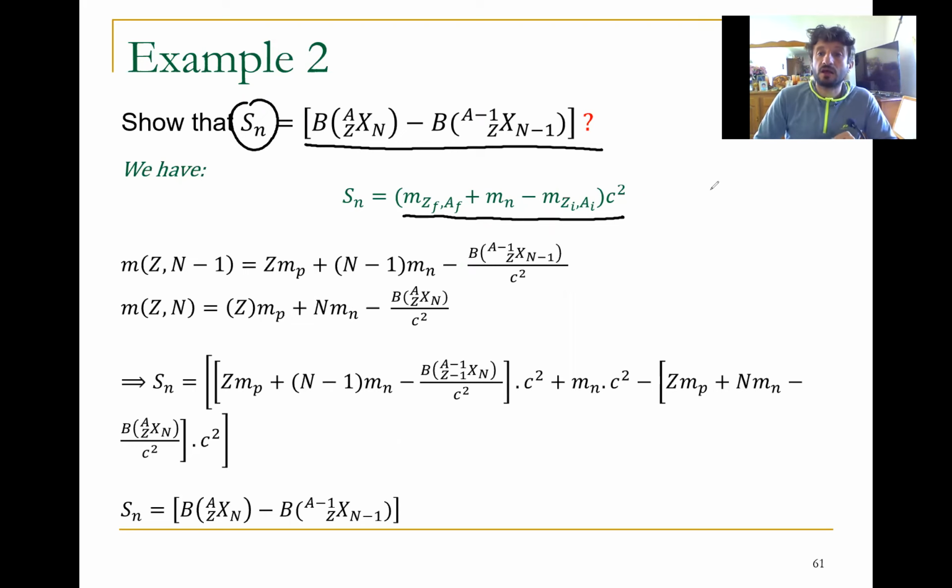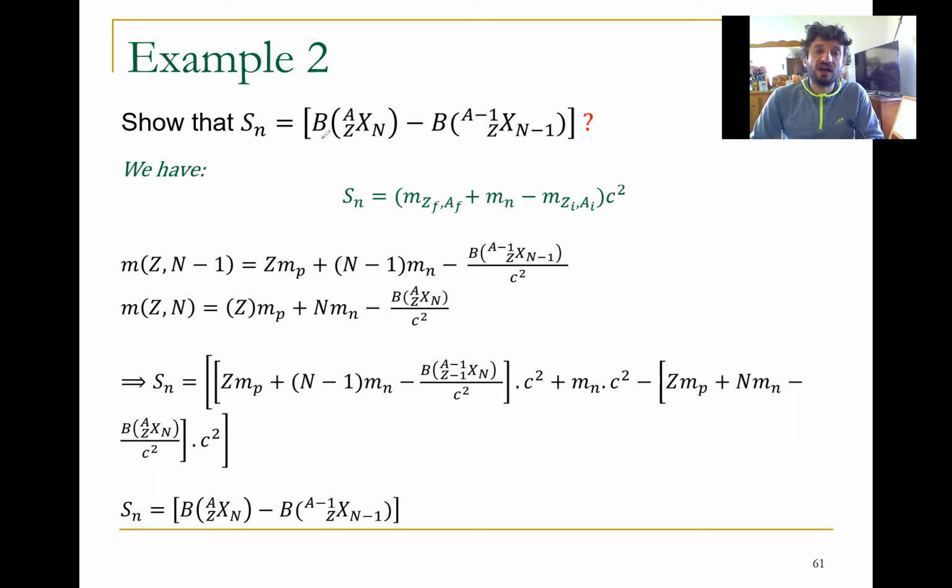The initial one, we have A, Z, N, and the final expression will be A minus 1, Z, N minus 1. It's the binding energy of the initial atom and the binding energy of the final atom. I have to find this relation. It's important to know how we can find Sn equal to the difference of binding energy of the initial atom and the final atom.